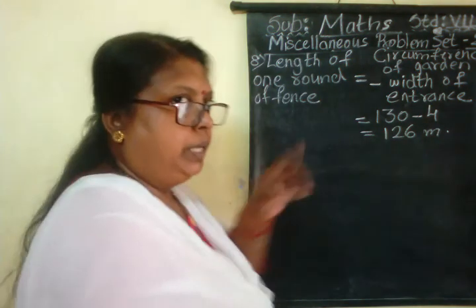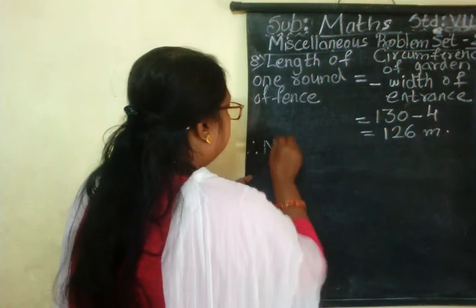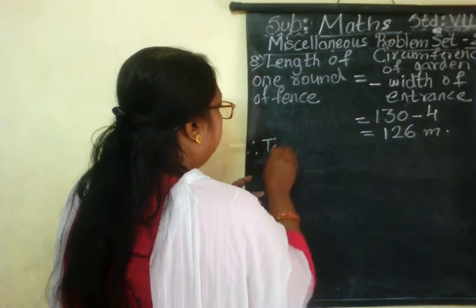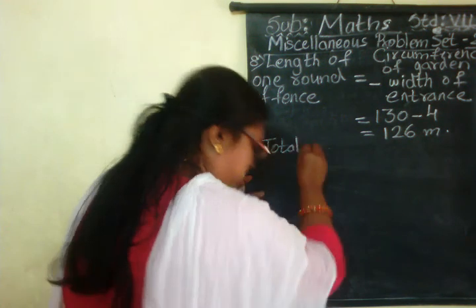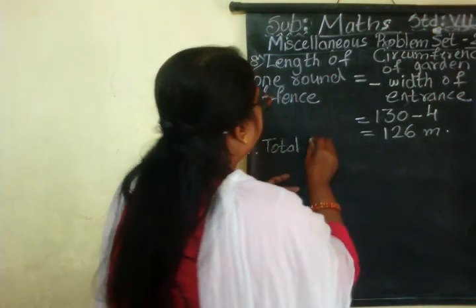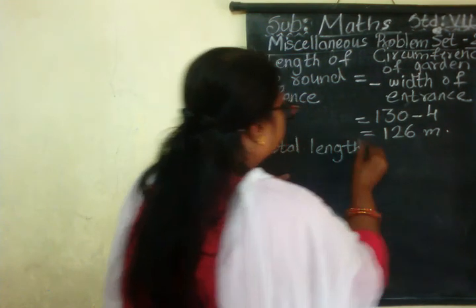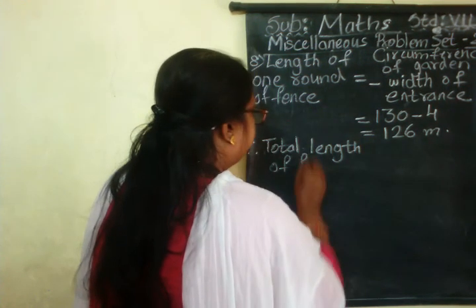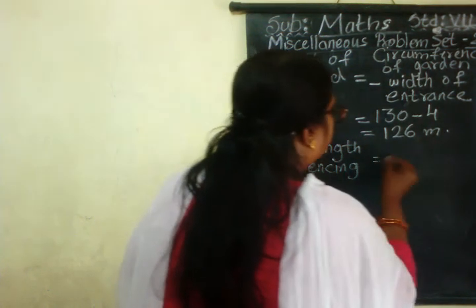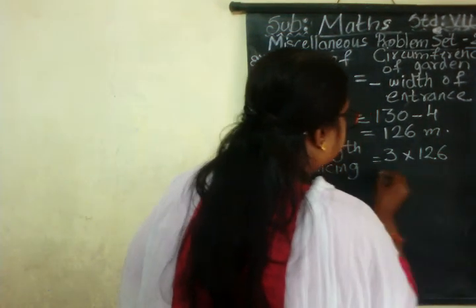So total how many rounds of fencing? Directly total only we will find. Total length of fencing is equal to 3 multiplied by 126.